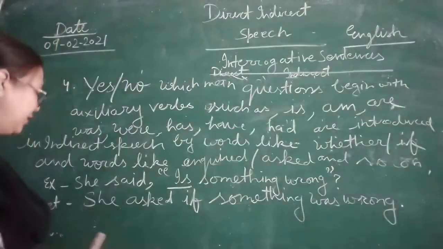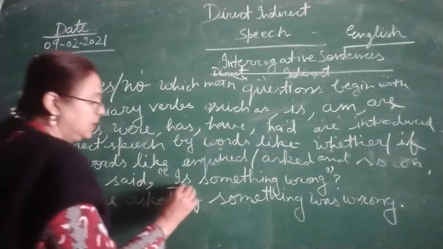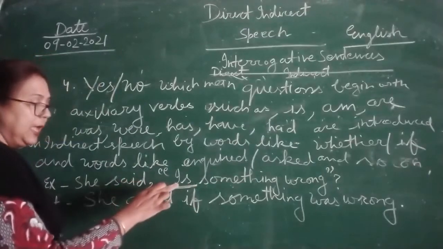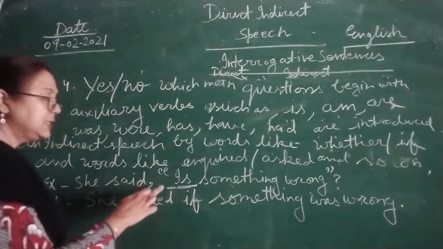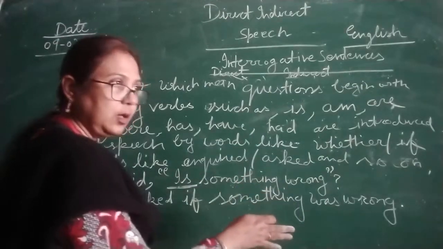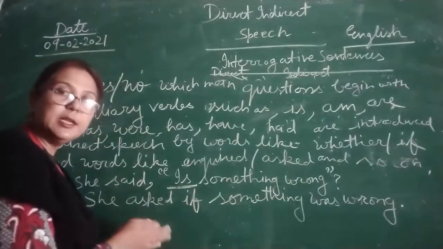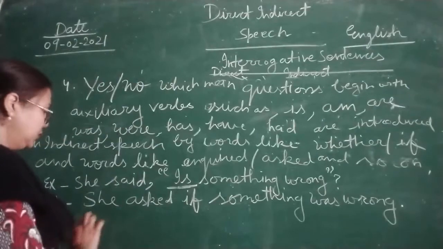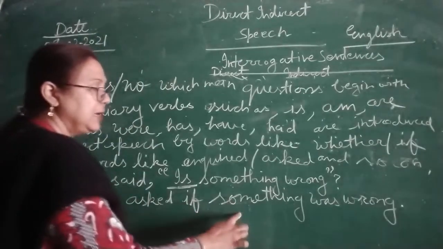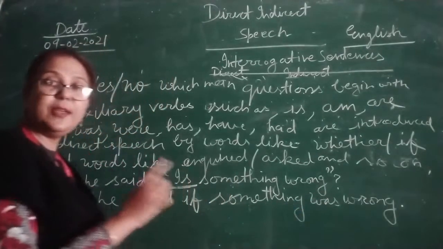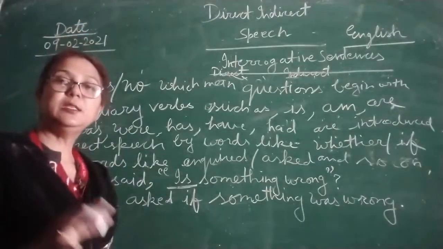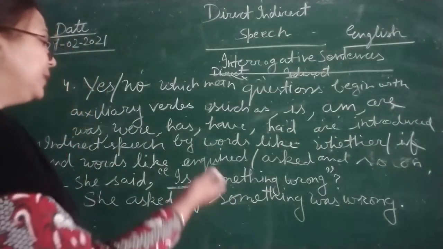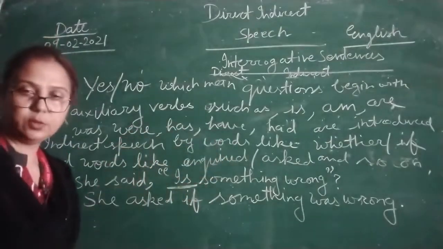So here children, you can see this is an auxiliary verb placed in the direct sentence and it is asking, is something wrong? Here in the indirect sentence we have changed it: she asked if something was wrong. So we will use if and whether, and as the sentence requires, we will use asked and inquired also.